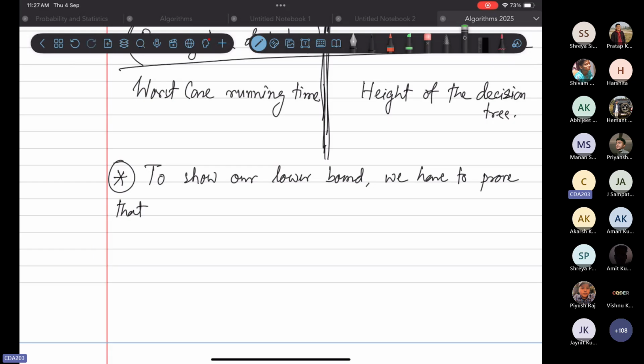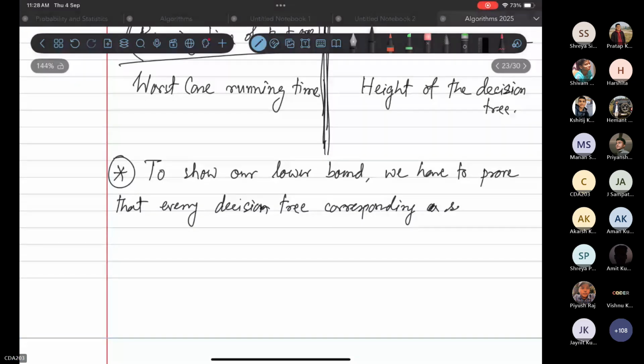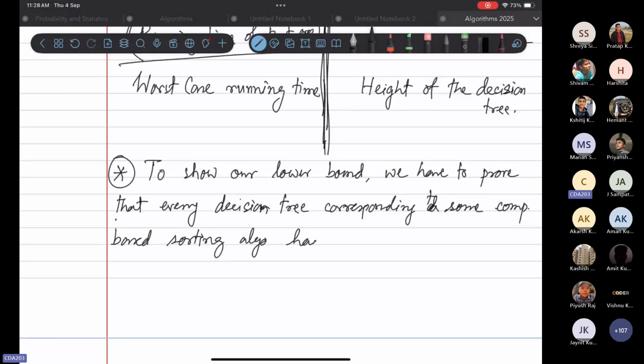So to show our lower bound, we have to prove that every decision tree corresponding to some comparison based sorting algorithm has height at least n log n.